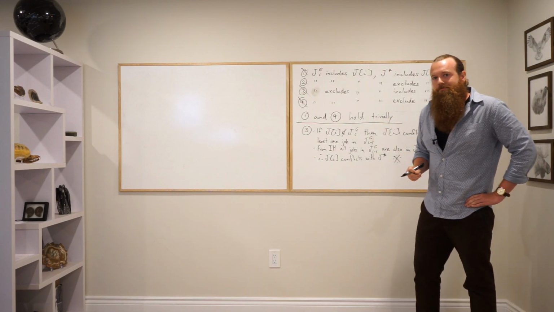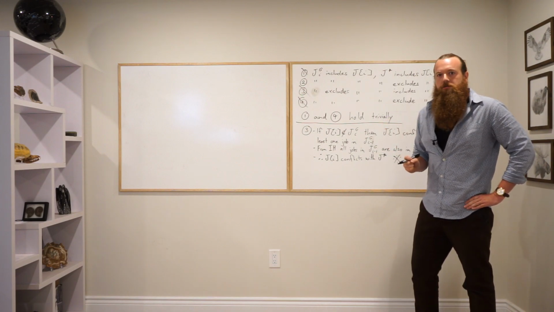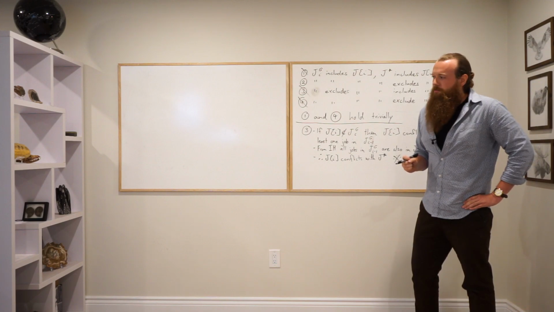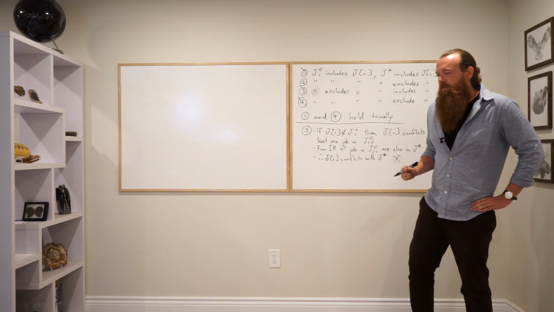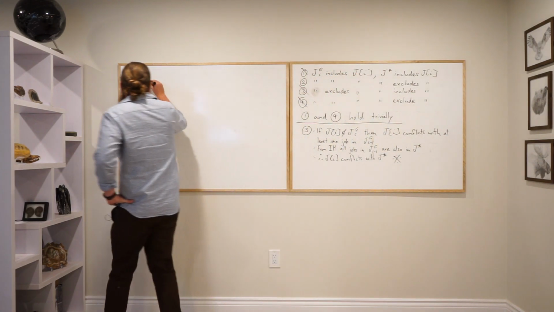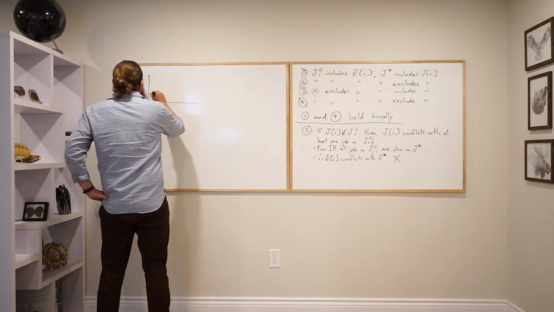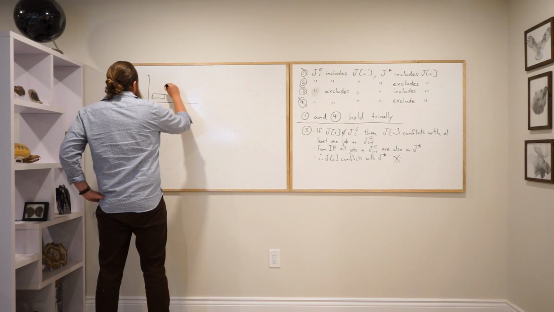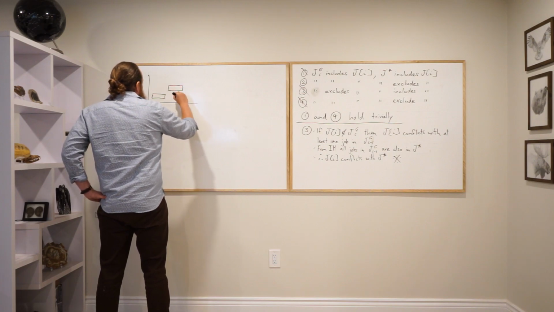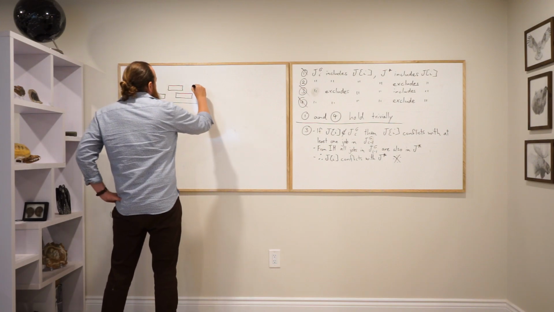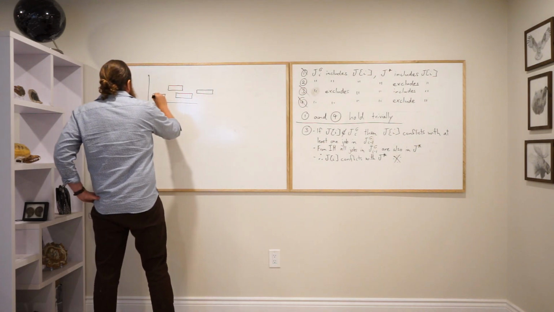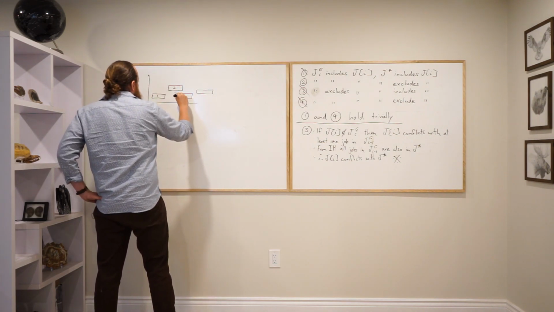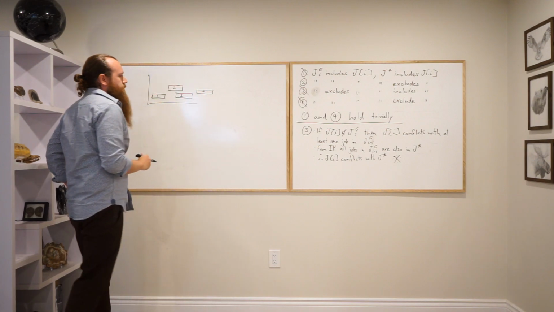Here's the thing. Case 2 doesn't have a contradiction. Huh? What are you talking about? Well, let me show you this. I'll give you a problem instance here. Maybe it looks something like this. And I have job 1, 2, 3, 4.